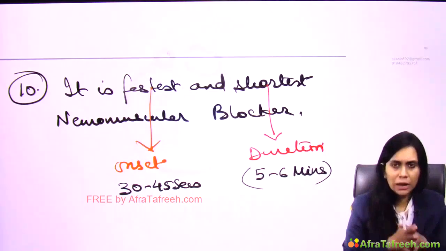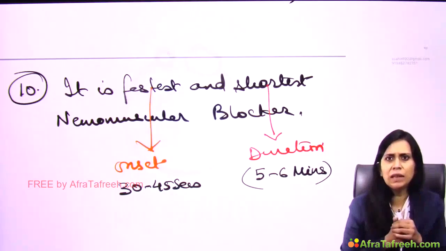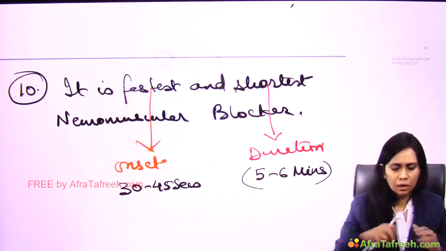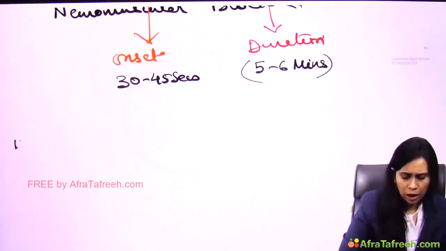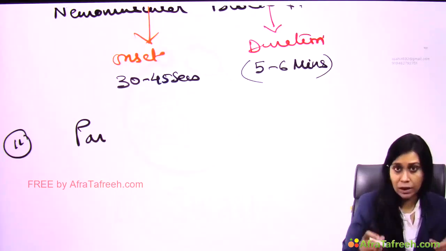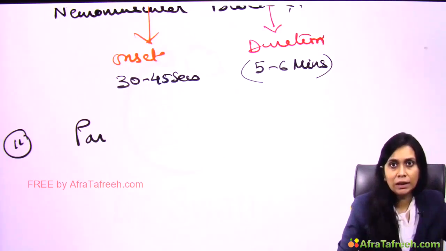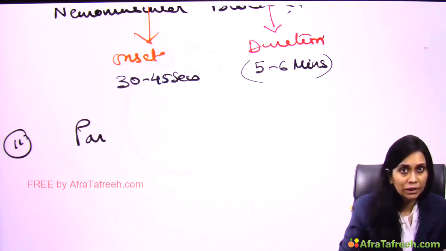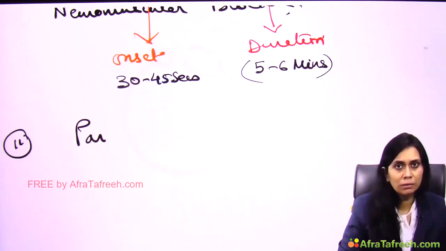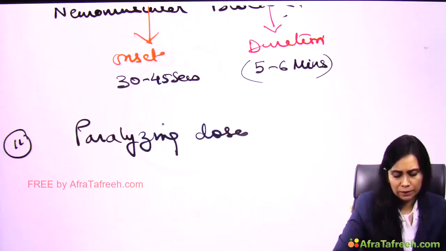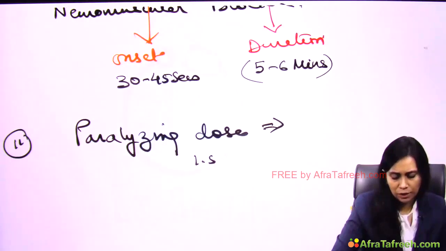Okay. 11th point. This drug, succinylcholine, is different from other drugs in many ways. Now, the paralyzing dose of succinylcholine, guys, mind you, I'm not saying induction dose. Induction is done by inhalational and IV anesthetic agents, which we have already discussed. We paralyze by neuromuscular blocker. So the paralyzing dose of succinylcholine is 1.5 to 2 milligram per kg body weight.